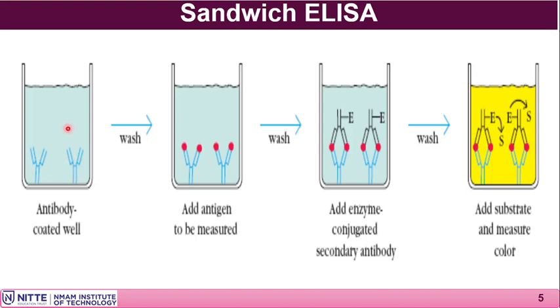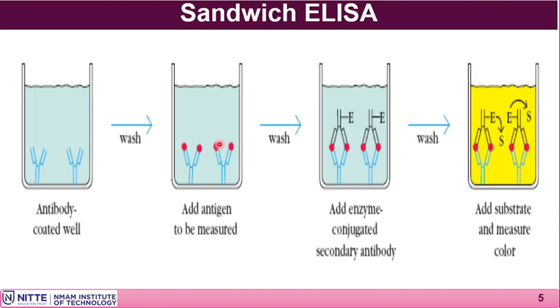Now, the excess serum is washed off using saline, and after thorough washing, the antigen corresponding to that antibody is added. The antigen added, you are using it for detection of the antibody.